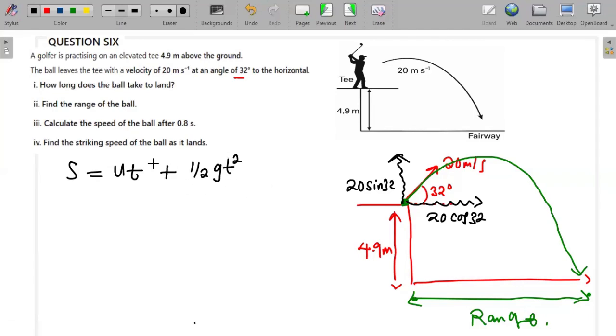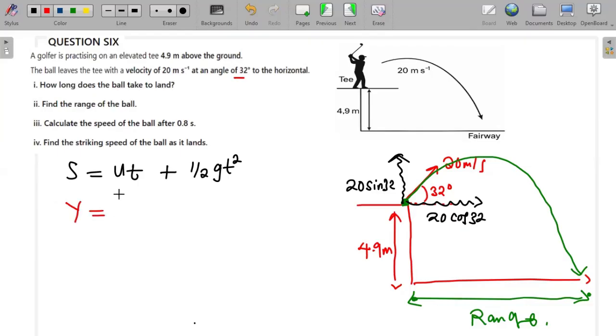Remember this equation there. Now we're going to write this equation in terms of y, because when finding time we always use the y direction. So this s is just the distance, and I'll replace it with y to show that now I'm in the y direction.